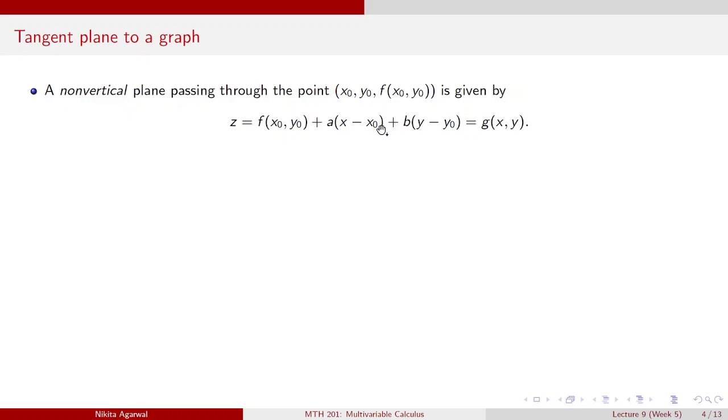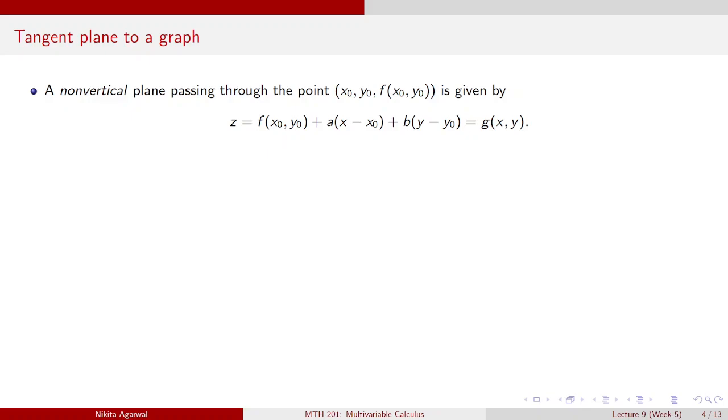Now we are assuming here that there is a non-zero component in the z direction. So if there is a non-zero c, you can divide the whole equation by c, right? And therefore this coefficient of z becomes 1 or minus 1.